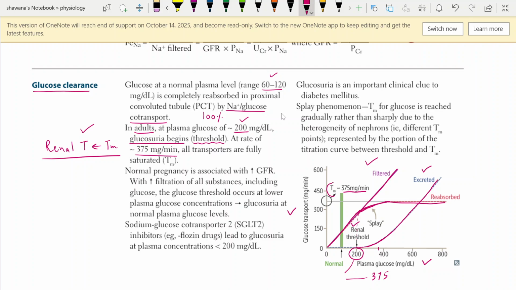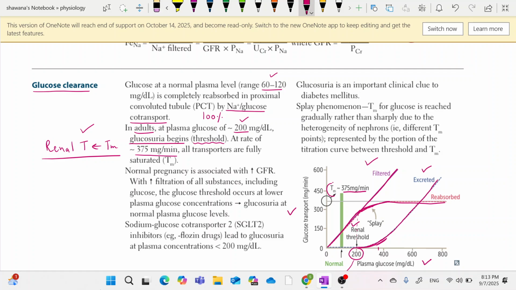But this is due to the 375 like thing. Okay, but in pregnancy, the filtration of all substances will increase, and glucose filtration will also increase.